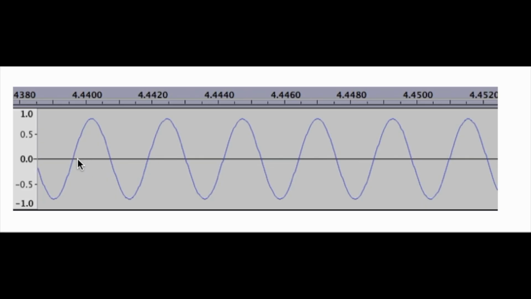And in a moment we'll talk about that as a cycle. So just keep in mind that as sound moves toward and away from our ears, it's creating these differences of pressure, which are what equate to volume. So this -1 and this +1 are the same volume to our ear. You can just think about it as a distance from 0.